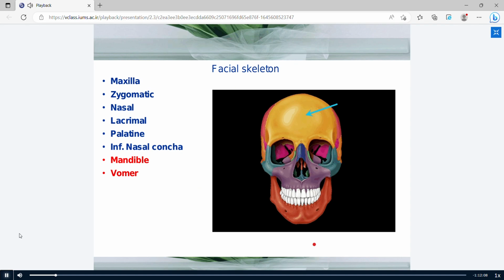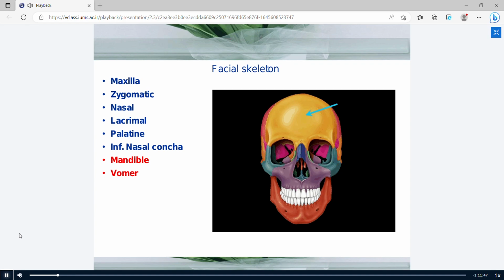And the facial skeleton contains 14 bones, including the 2 maxillary bones, 2 zygomatic bones, 2 nasal bones, and 2 lacrimal bones.